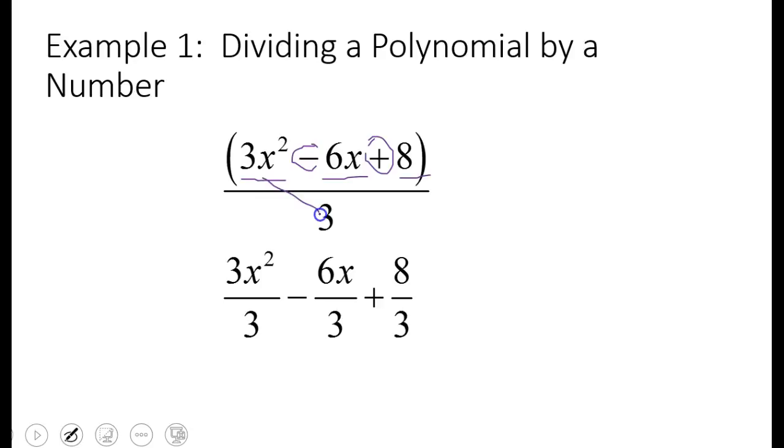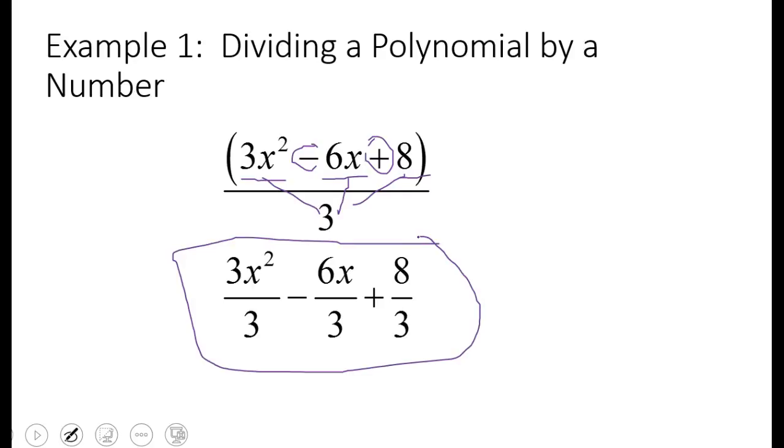You have to do 3x squared divided by 3, negative 6x divided by 3, and 8 divided by 3. And that is reflected below here. So now we can look at this as 3 separate division problems, but you must write it out like this. If you just divide the 3x squared by the 3, you will not have done the problem correctly.